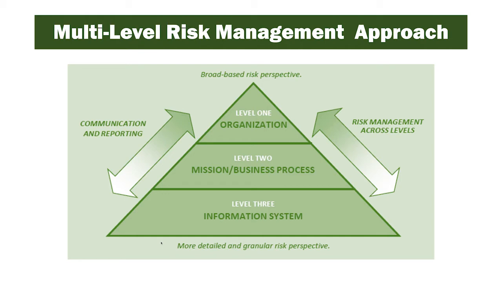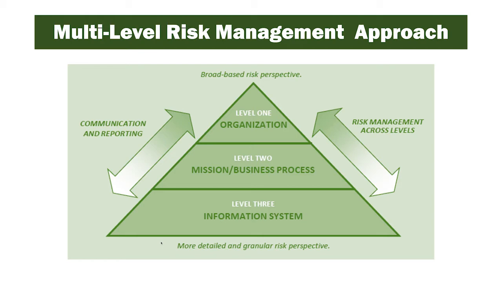At level 2, we'll see the business and mission processes that handle risk across various organizational support structures in the organization. And level 3 is normally where information systems handle risk management. We see communication and reporting flowing up and down from level 3 through level 2 to level 1, and we see risk management activities flow across those levels as well.